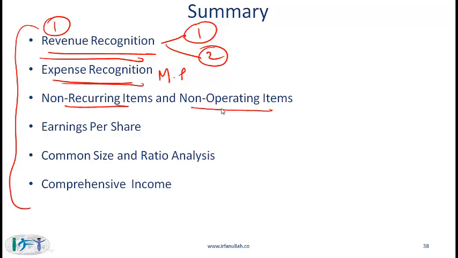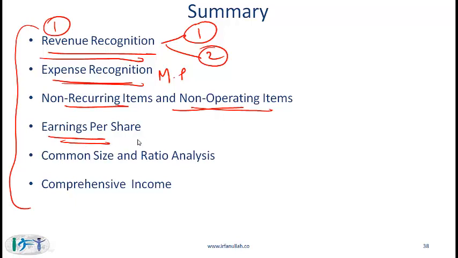Non-recurring items and non-operating items. As an analyst, we need to understand what items will recur in the future, what items will not recur. This helps us make projections. We need to understand how much money is being made from the core operation of a firm versus income that is coming from non-core activities. We need to understand the basic and diluted EPS calculation.